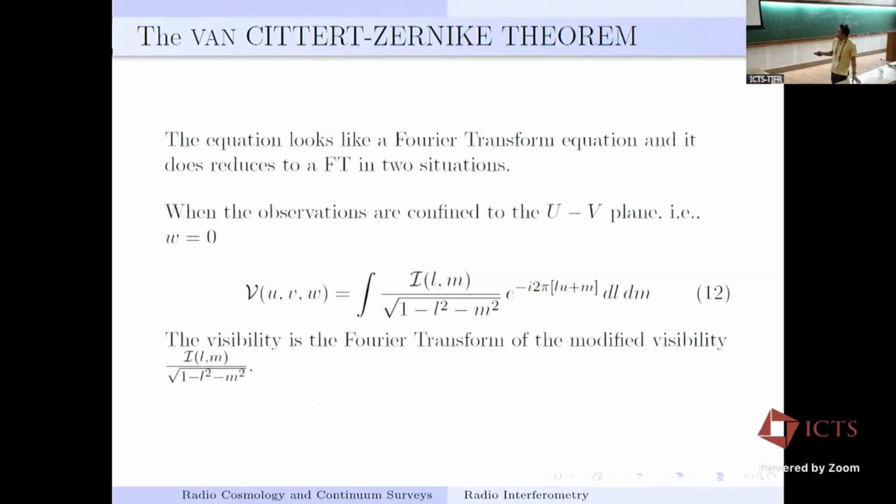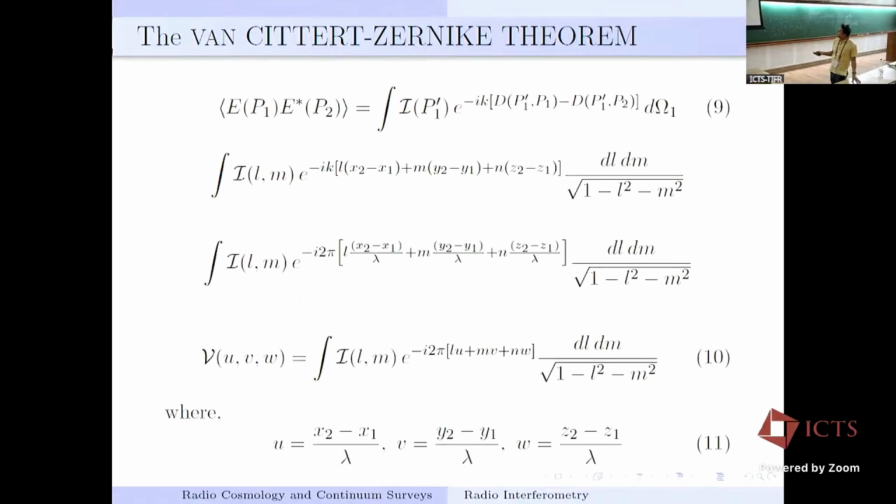Let us remind what the UV points are. A UV point is basically this (x2 minus x1) by lambda, and (y2 minus y1) by lambda, correct? So it means I have to measure all the UV points. It means I have to keep moving these antennas. Where x2 minus x1 is equal to 1, then move this antenna so x2 minus x1 is equal to 2, 3, 4, 5, so that I can fill the whole UV plane, right?